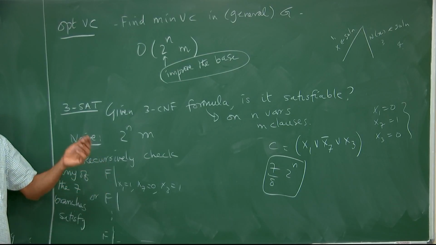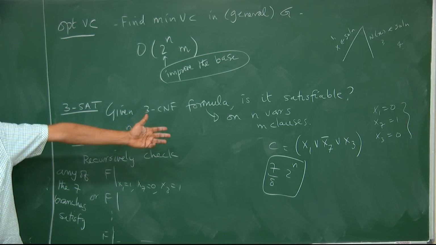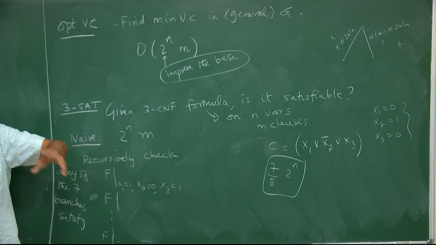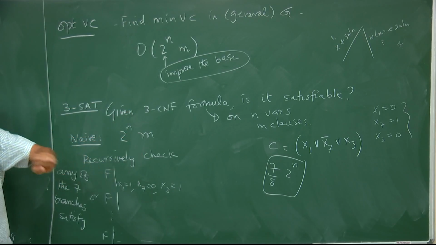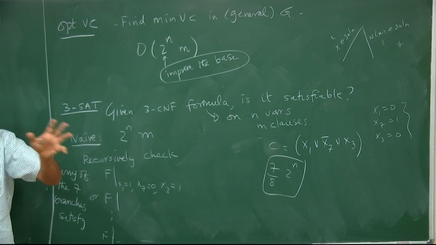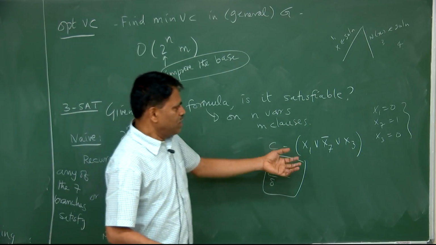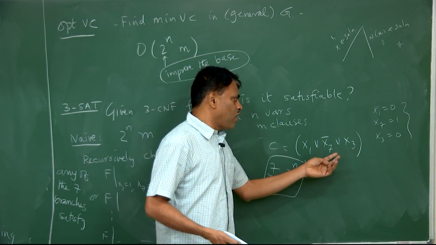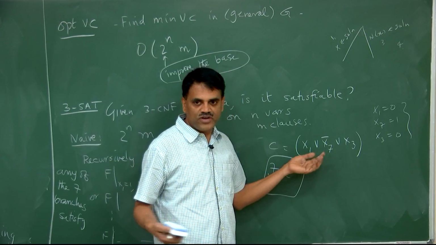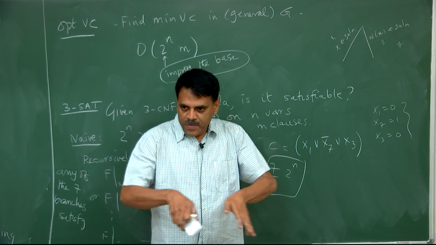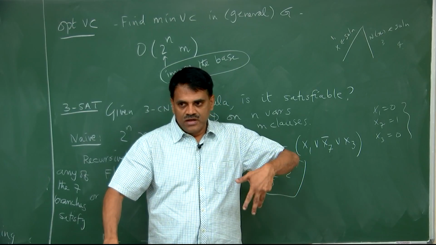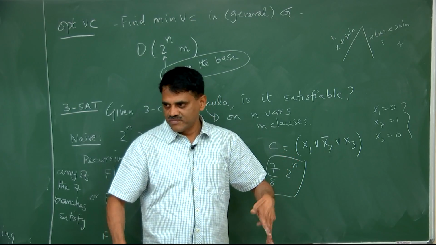Really, what I'm saying is I'm going to pick these 3 variables, x1, x3, x7. I could have just done any variable. That's what gave us a 2 power n algorithm. For each variable, we pick 2 branches. Instead, I'm going to use a clause, and on these 3 variables, normally I would have tried 8. Now I'm going to try 7. That's what this clause tells me. So I have a 7-way branch, and I have set 3 variables.